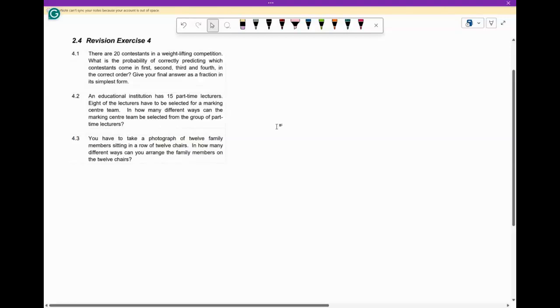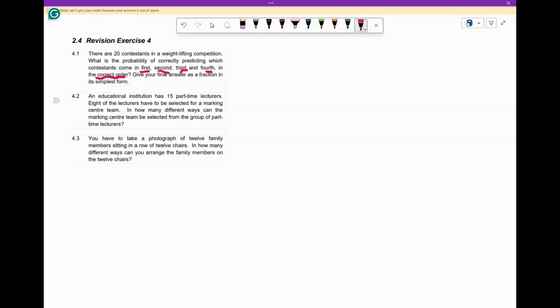What is the probability of correctly predicting which contestants come first, second, third, and fourth in the correct order? Give your final answer as a fraction in its simplest form.